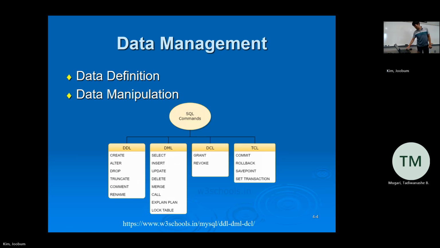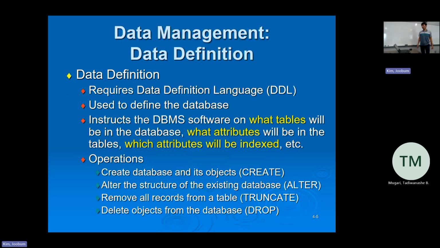If we want to define the data in the system, we use the data definition language, so the DBMS knows what kind of data and attributes I'd like to create, defining tables and databases.